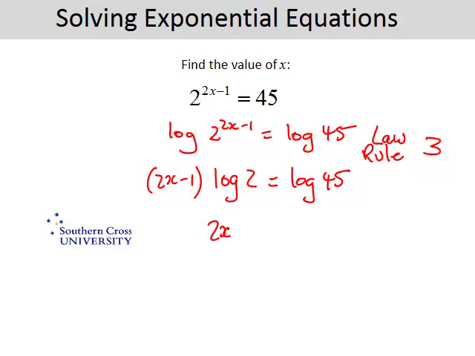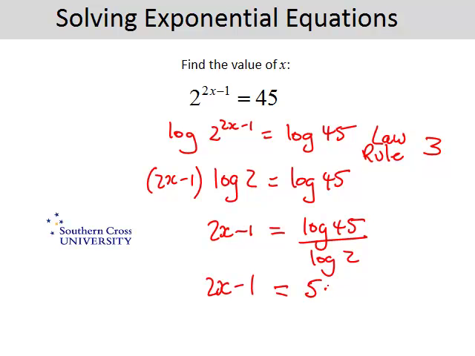So that means that 2x minus 1 is equal to the log of 45 divided by the log of 2, because on the left-hand side of the equation we are multiplying by log 2, so if we move log 2 over, the opposite to multiplying by log 2 is dividing by log 2. So 2x minus 1 is equal to, and that's a calculator exercise, 5.492. So now we need to keep rearranging this.